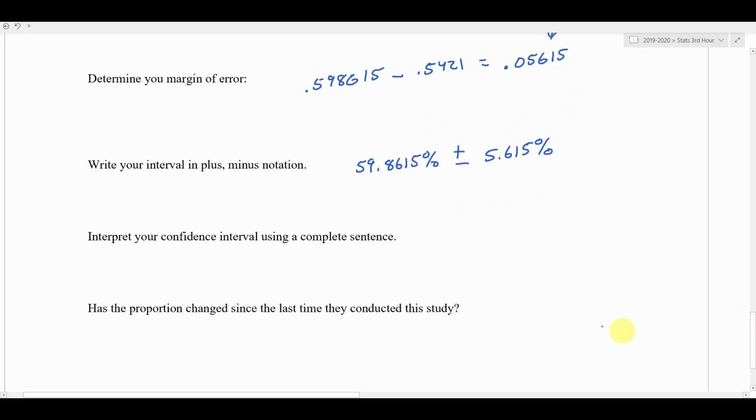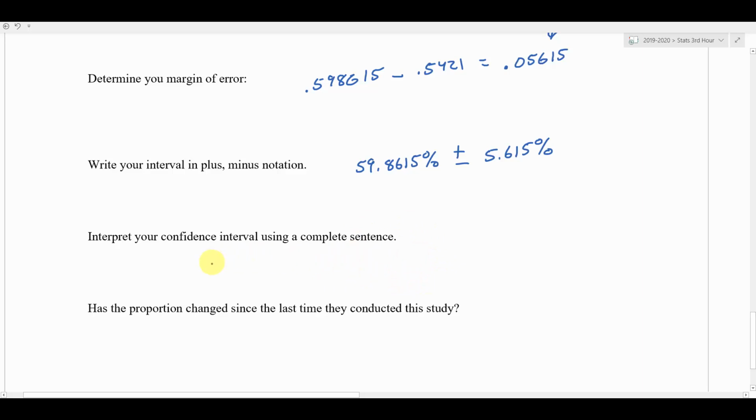We are 95% confident the actual proportion of people who prefer Coke over Pepsi is somewhere in between 54.21% and 65.513%. Okay, and you can see all of those up here with how that's written. Okay, but that's what you would write here. Use a complete sentence in English. How would you explain it to people that really don't know about statistics?